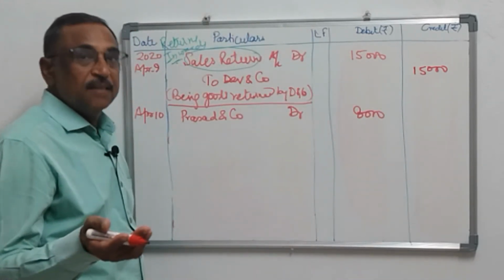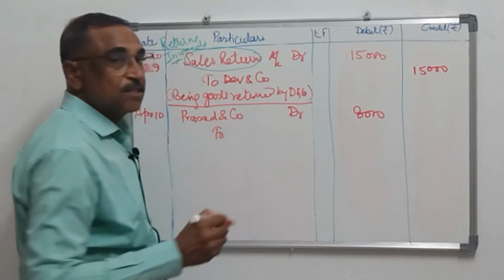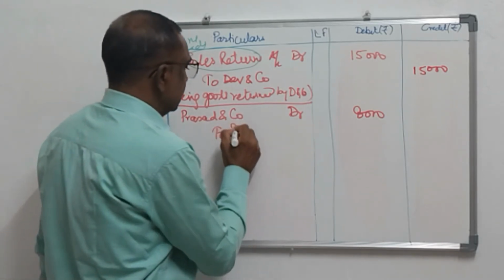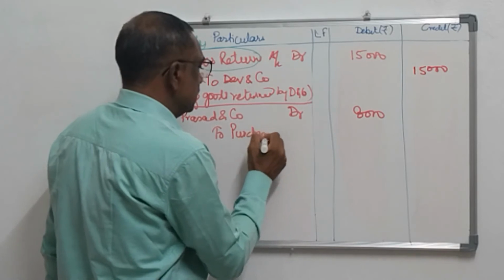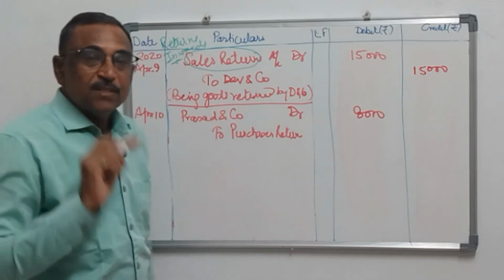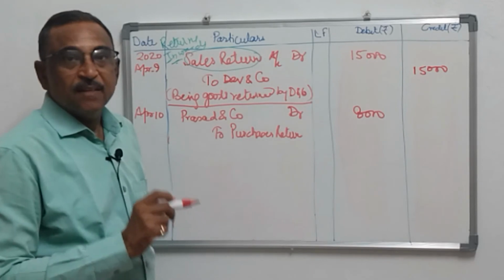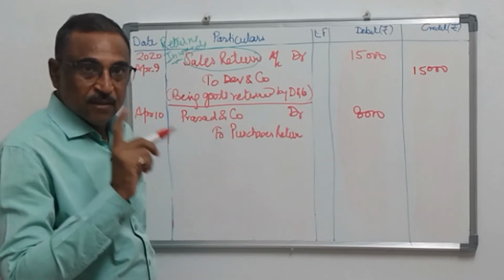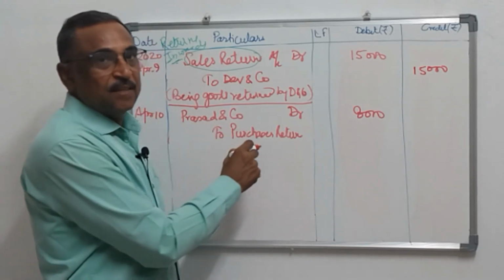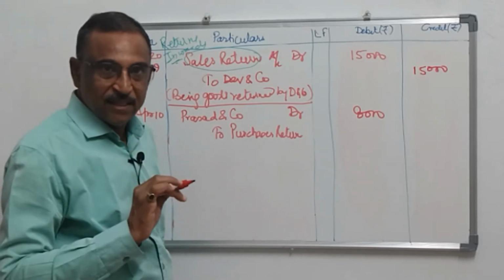And why are we debiting him? Because we are returning the goods to him purchased earlier. So you can say purchases returns. When the goods are purchased, purchases is an expense, and purchase return can be said in two ways: decrease in expenses, or you can say it is a sort of income, because your expenses are reducing, it means your income is increasing.